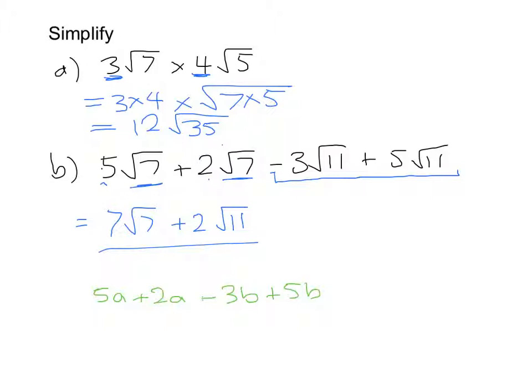So simplifying these algebraic expressions, 5a plus 2a is 7a, minus 3b plus 5b is plus 2b. And you should notice that the 7 and the 7 is the same, and it's going to be the same there, so -3 plus 5 is plus 2. Okay, let's move on to the next one.